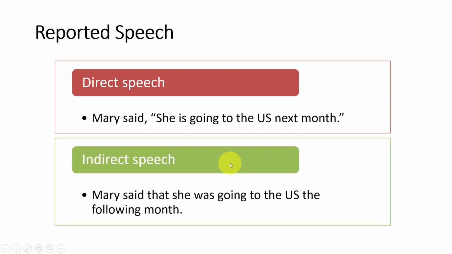But if we want to emphasize the exact words, we use the direct speech. And there are small rules: the changing of the pronouns, the changing of the time related things, the tenses, etc. We must know those things under the category of reported speech.